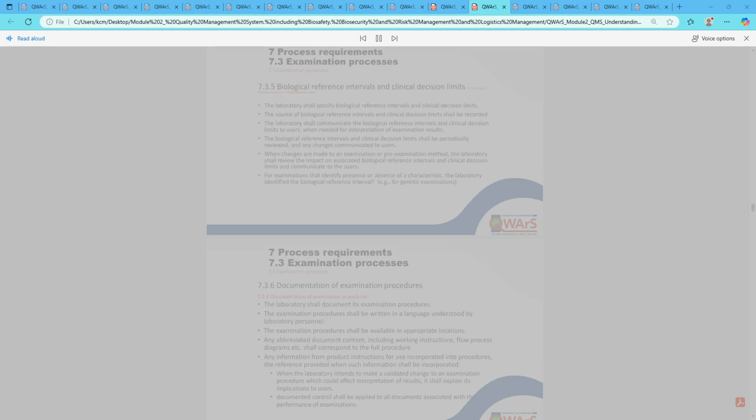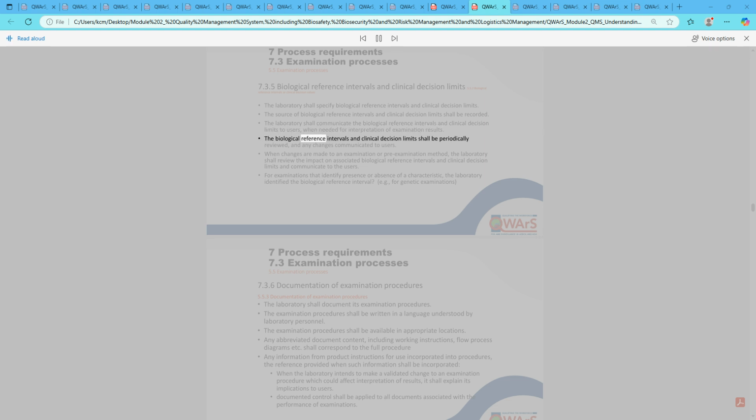7 Process requirements, 7.3 Examination processes, 5.5 Examination processes. 7.3.5 Biological reference intervals and clinical decision limits, 5.5.2 Biological reference intervals or clinical decision values. The laboratory shall specify biological reference intervals and clinical decision limits. The source of biological reference intervals and clinical decision limits shall be recorded. The laboratory shall communicate the biological reference intervals and clinical decision limits to users when needed for interpretation of examination results.